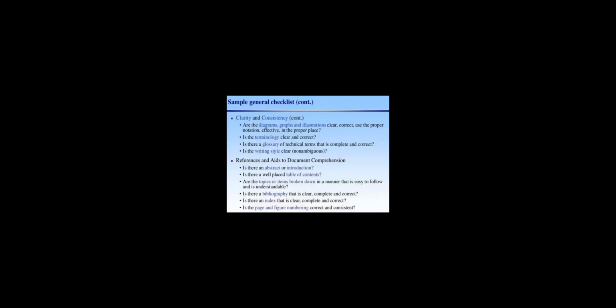In the same way, the checklist used during the review meetings should check for clarity, consistency, the diagrams, graphs, illustrations used in the project, terminologies used in the project, a glossary of terms, whether technical terms are correct, complete or incomplete, writing style, as well as the references and aids used in the project, like document comprehension, abstracts, introduction, table of contents, topics like bibliography, indexing, annexures, figures, numbering, tabling.